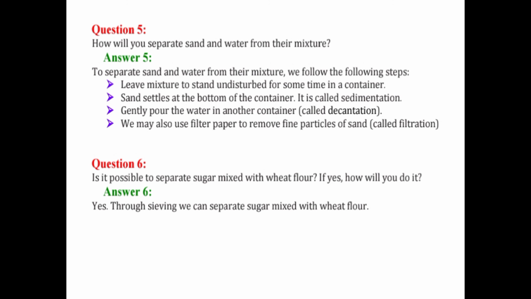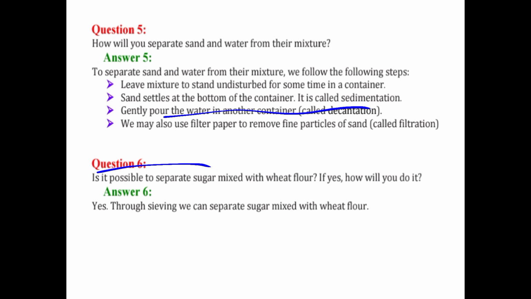Sand settles at the bottom of the container. It is called sedimentation, as we have already talked about. Then we gently pour the water into another container, which is called decantation. We may also use filter paper. We can do filtration to remove the fine particles of sand.